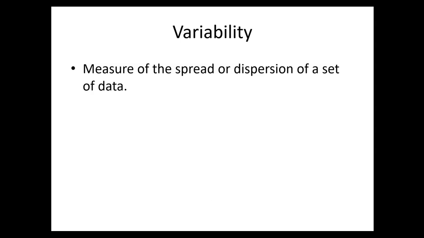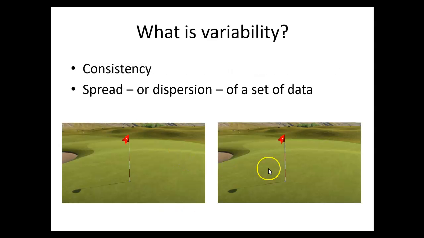Now we can talk about variability. Variability is the measure of the spread or dispersion of a set of data. When we think about variability, we can think about consistency and spread. Spread is considered the dispersion of a set of data.